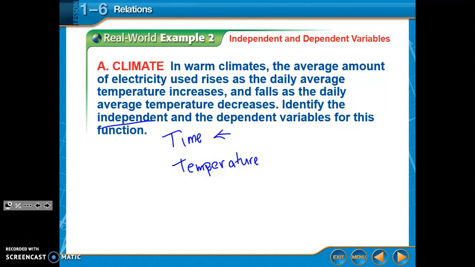Time is going to be our independent variable, and temperature is going to be our dependent variable. So the temperature during the day depends on what time it is. Generally in the middle of the day it's hotter, and earlier and later it's a little bit colder.